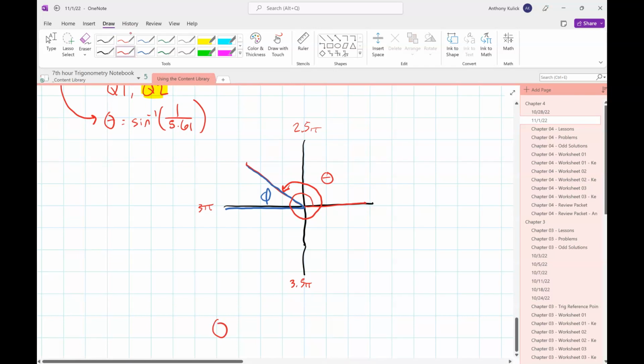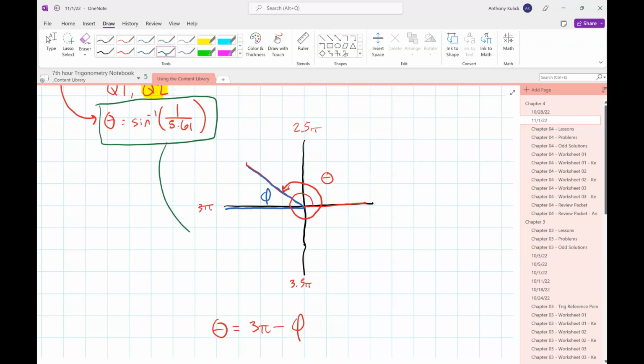So how do I write my equation? Which one's bigger, theta or 3 pi? 3 pi, so I should be subtracting from it to find theta. How much should I subtract? Phi. Great.